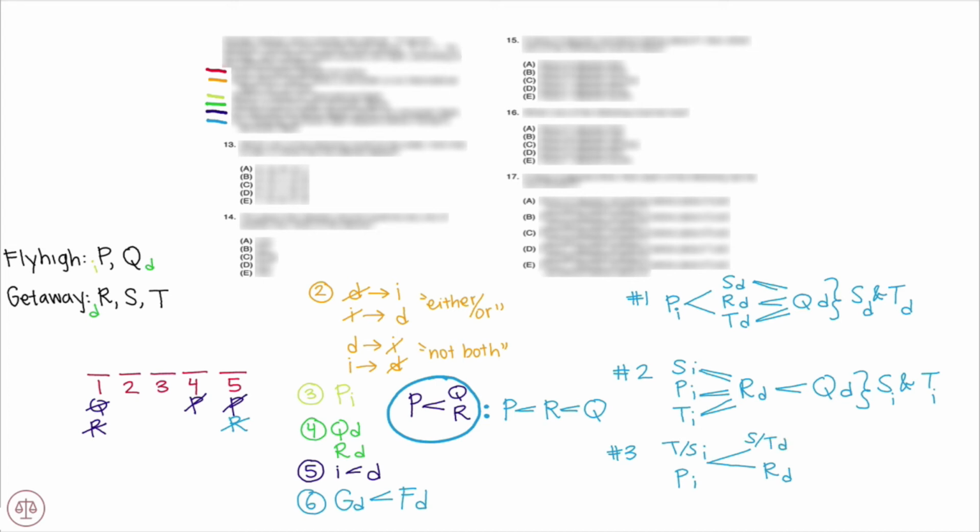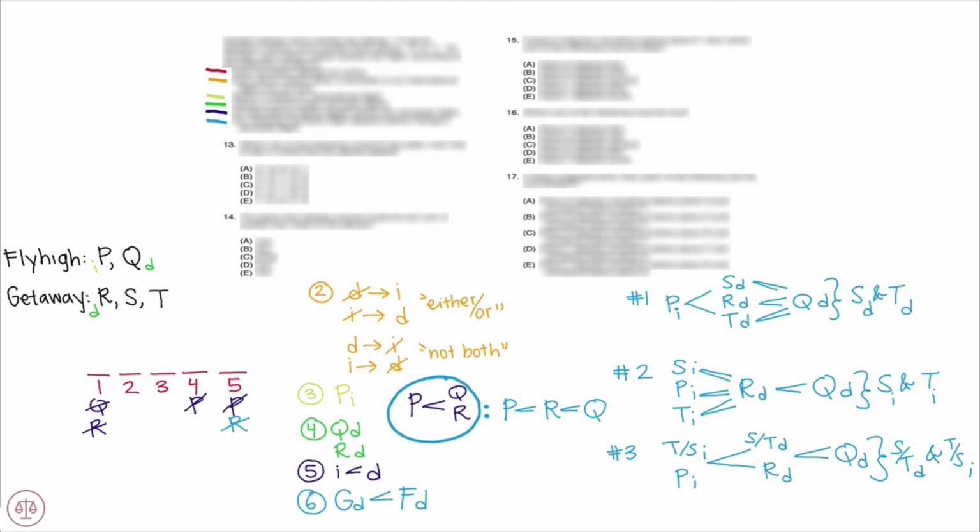And since our S and T are Getaway, and one of S and T is domestic and R is domestic, we know they're going to be before Q domestic because of rule number 6. Getaway domestic is before Flyhigh domestic. So we know both of these guys are going to be before Q domestic. And this is the scenario where we have one of S and T as D and then one of S and T as I. So we have these 3 scenarios.